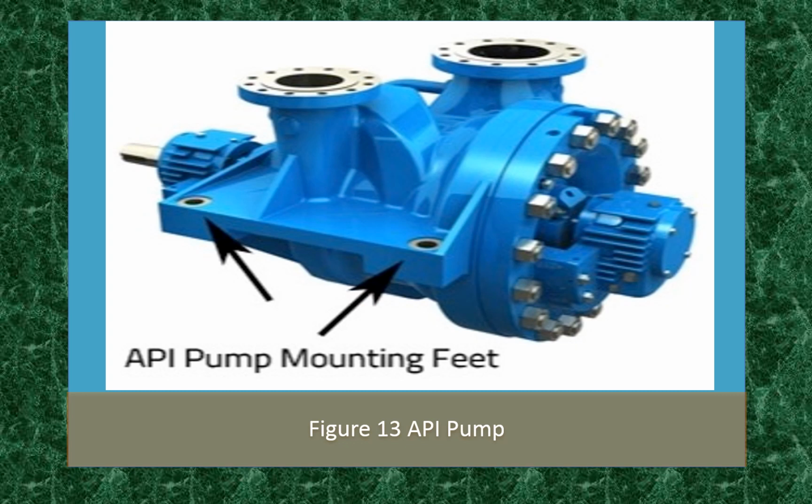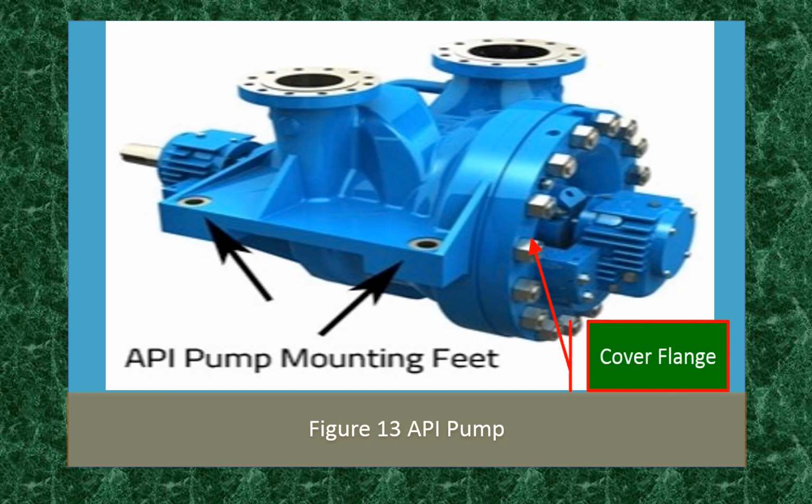You can notice the differences between the API pump and the ANSI pump. Take note also of the end flange connection in the API pump in this figure. They are designed for high pressure and temperature for enhanced reliability.